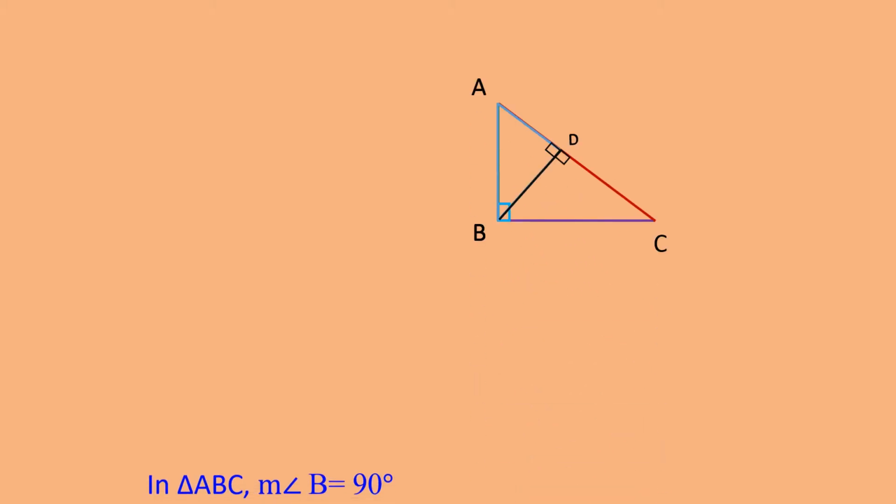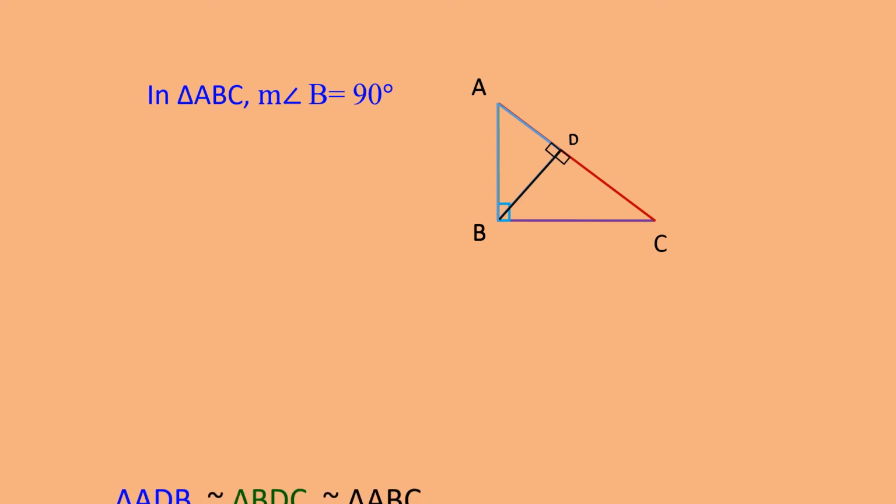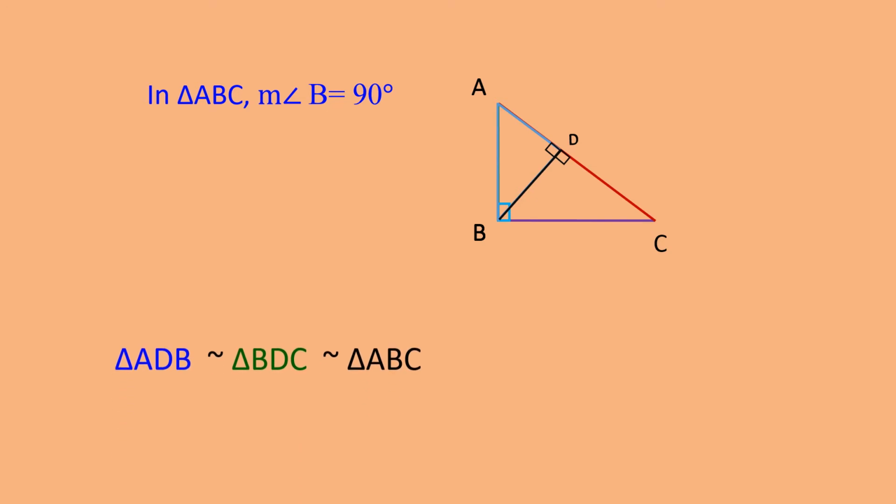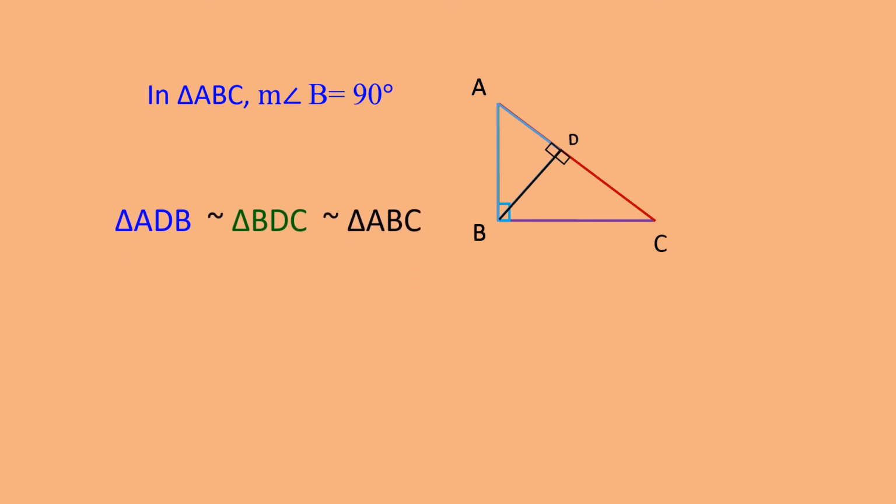Now let us see the geometric mean theorem. But before that, we have a problem: how to get the one-to-one correspondence of the given triangles. For that, we can say that triangle ADB is similar to triangle BDC is similar to triangle ABC.